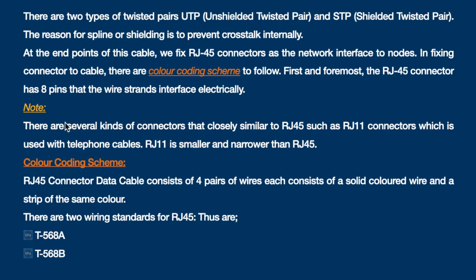Now, color code scheme. The RJ45 connector data cable consists of 4 pairs of wire. Each consists of a solid color wire and a strip of the same color.